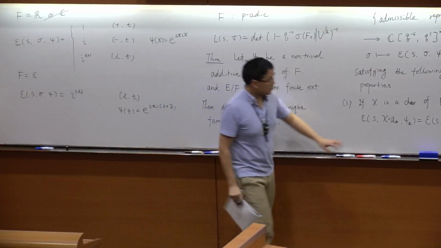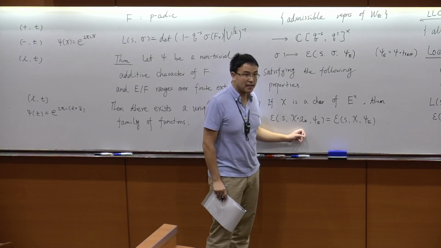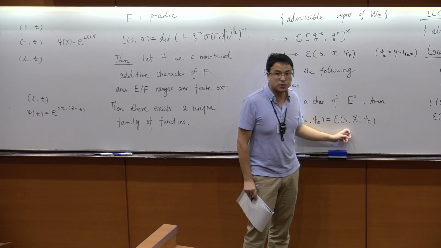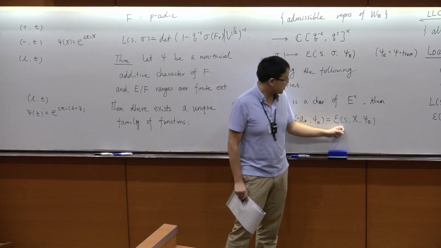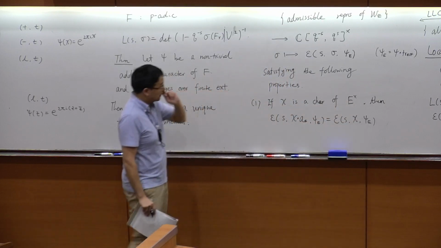This side is the invariant we associate to the Galois side for the V representation, and this side, the invariant is associated to the characters, so the representation theoretical side. Okay, this is the representation. The chi is the one-dimensional representation of this E cross, the GM.